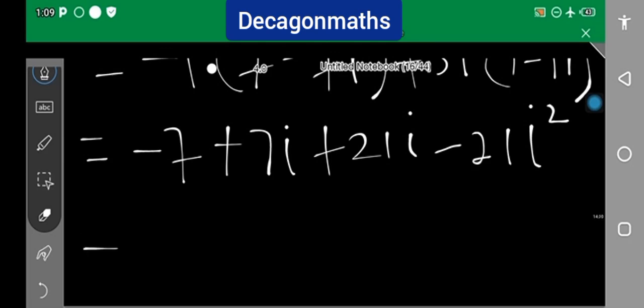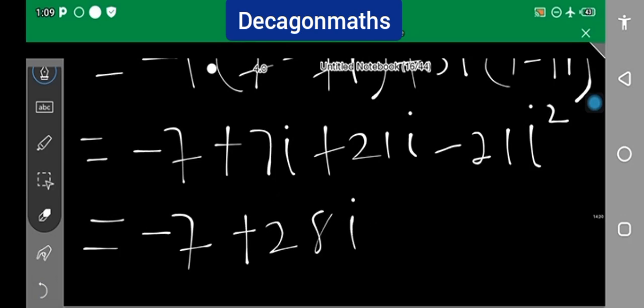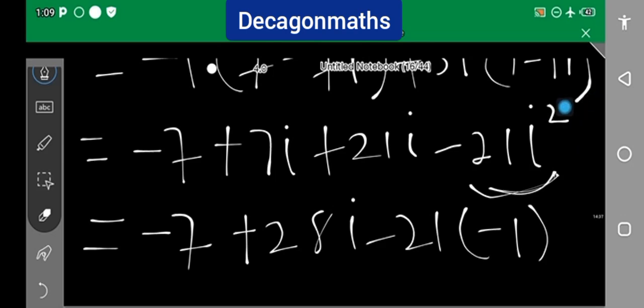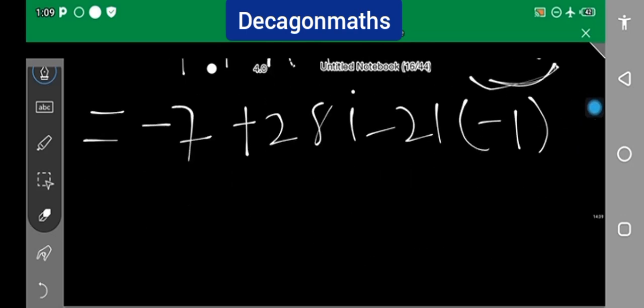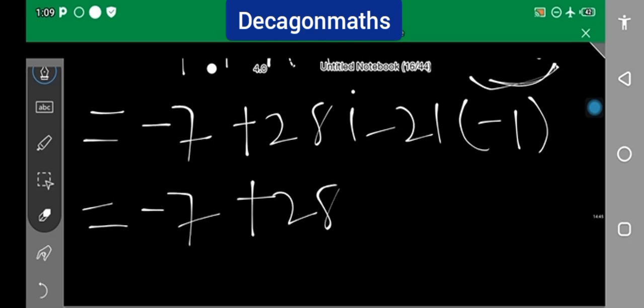This equals minus 7, 7i plus 21i gives plus 28i, and this gives minus 21 into bracket minus 1, because i squared is minus 1. So this equals minus 7 plus 28i plus 21.